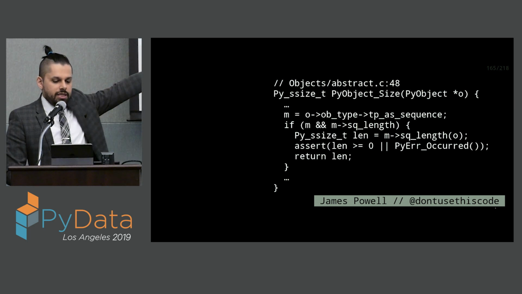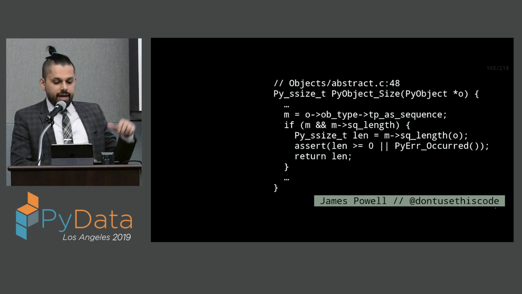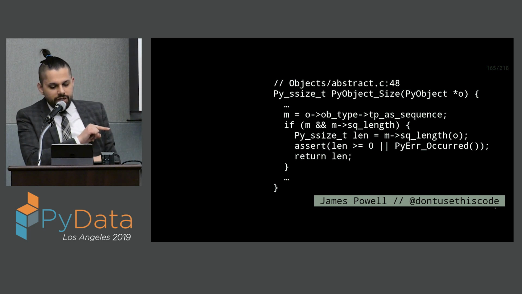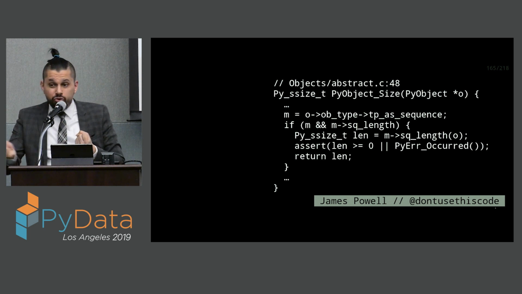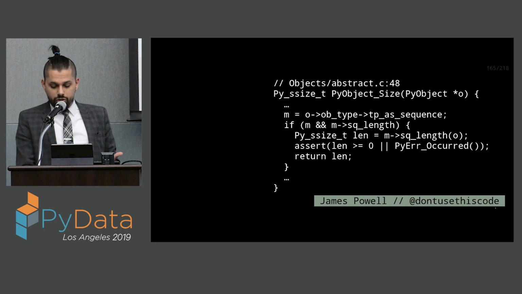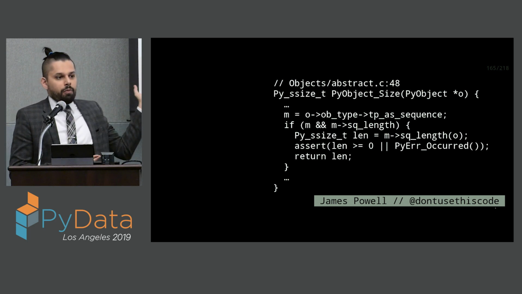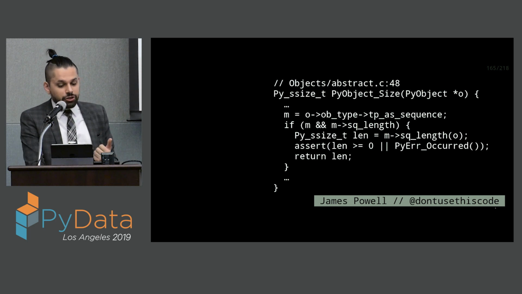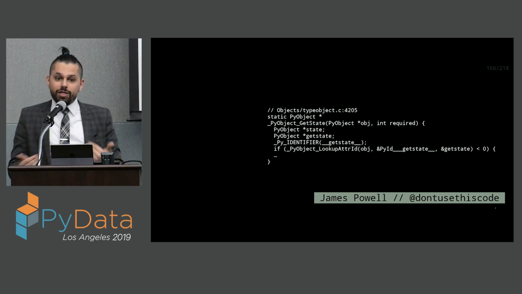And inside of that, you can see on the fourth line here, it does an m pointer dereference, sq_length, which actually pulls that function. So it does a direct pointer access rather than going through the __getattribute__ protocol. And this is why you can't dynamically patch out some of these underscore methods. And if you look at how __getstate__ works, you might see that for PyObject there's a __getstate__, and what it does is actually an attribute lookup, so it does follow the __getattribute__, __getattr__ protocol, and that's why that one works.